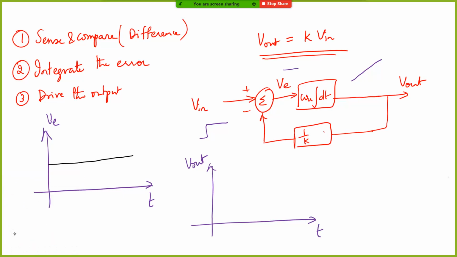We saw last class itself. What will happen? It will be a ramp. Now, what will be the slope of this ramp? The value of. Correct. So let's say this value is some V naught. What will be the slope of this ramp?